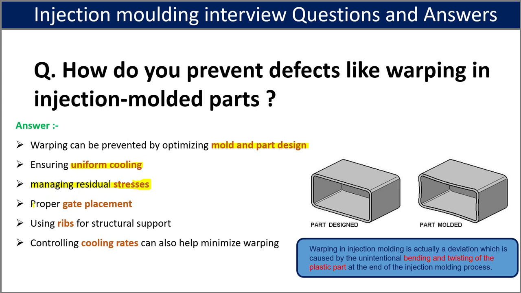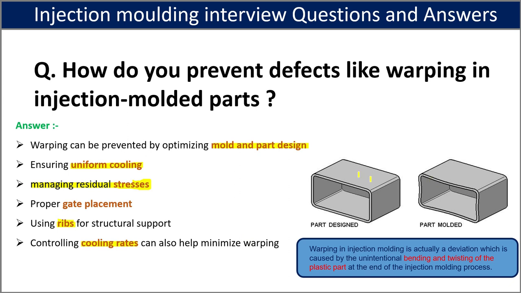Also we need to properly place the gate in the mold, and use rib structure for the structural component. So we need to use ribbing for the part, and also control the cooling rate so that it will help in minimizing the warping.